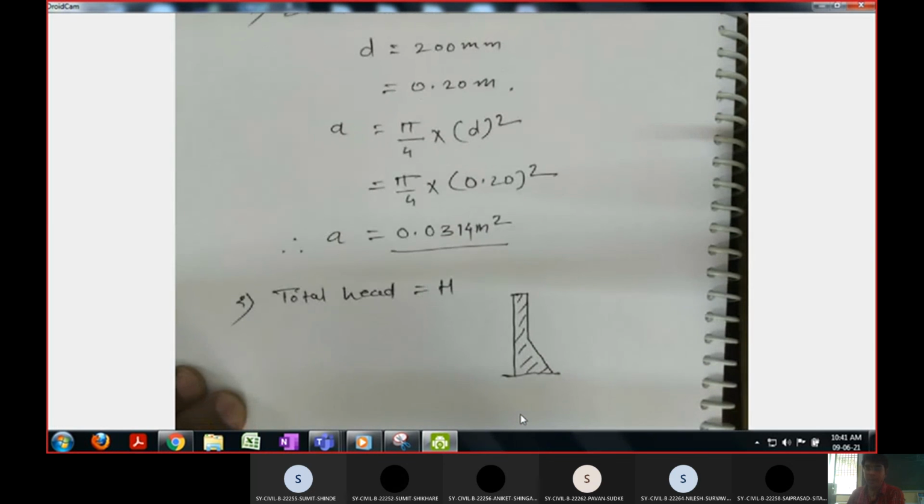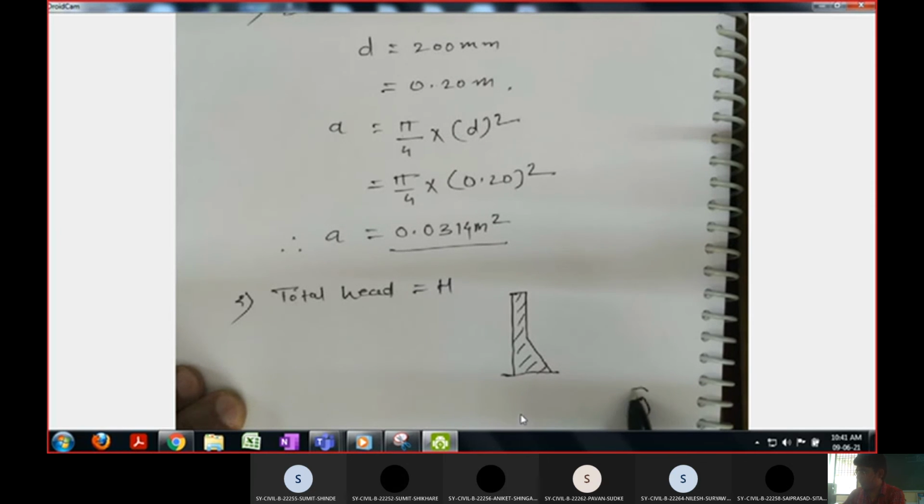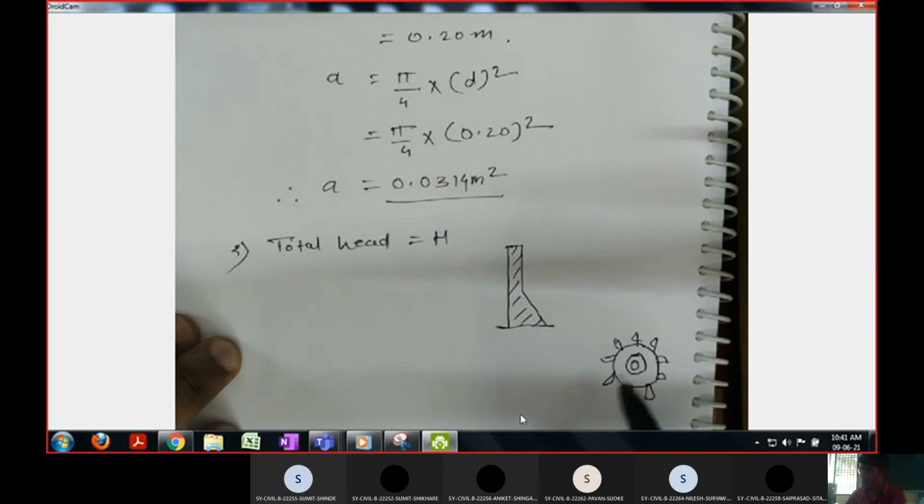This is a dam, and here we have a turbine. This is the blade or bucket of the turbine, sometimes called a vane or bucket.